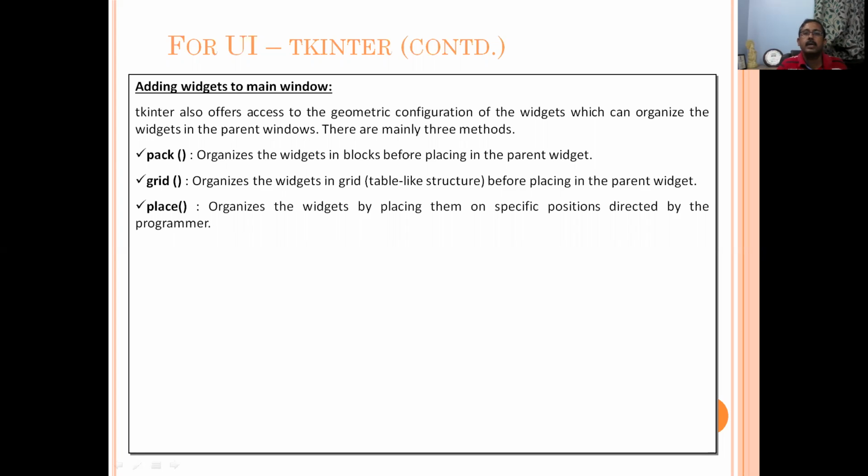How can we position the controls? There are three techniques, out of which the first two are more popular. The first one uses the pack method. It simply positions the widget on top of the main window. And there are certain parameters in pack which can be used to position the control in different locations in the main window, right? So that is the pack function.